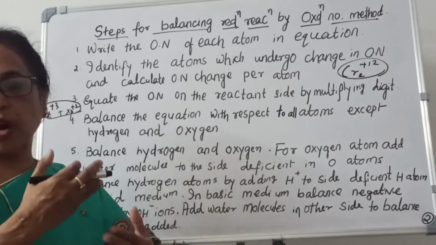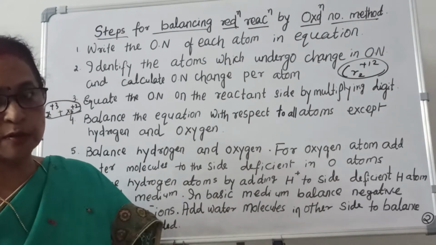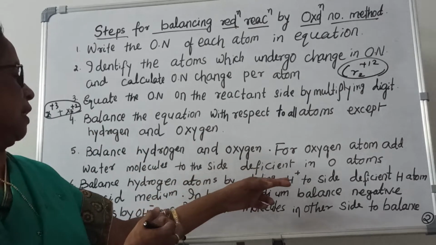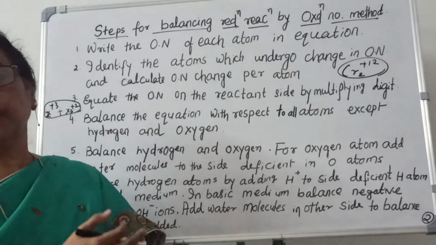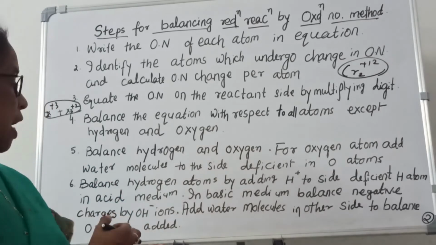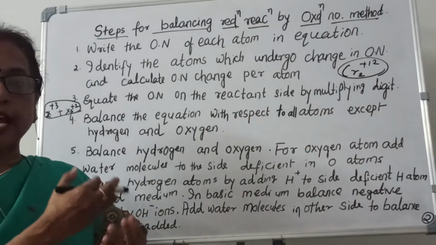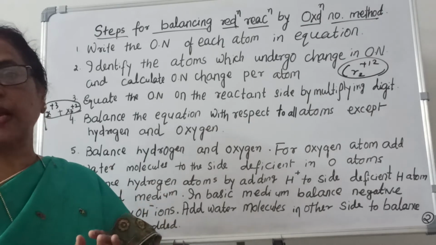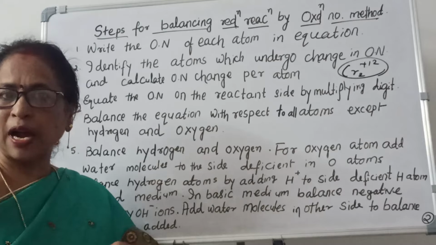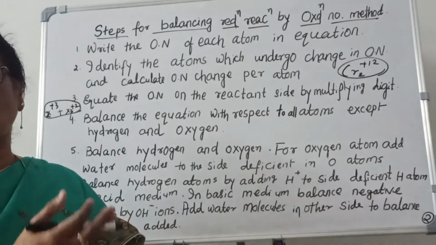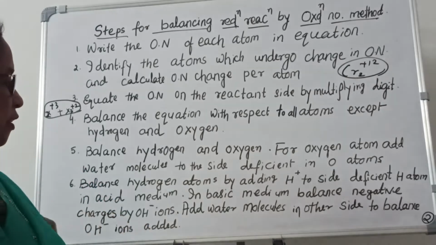There are two types: one is basic medium, the other is acid medium. If it is acid medium, then add H plus ions to the deficient hydrogen atoms. In basic medium, the negative charges are balanced by OH minus, then the OH minus is balanced by adding water to the other side of the reactant.